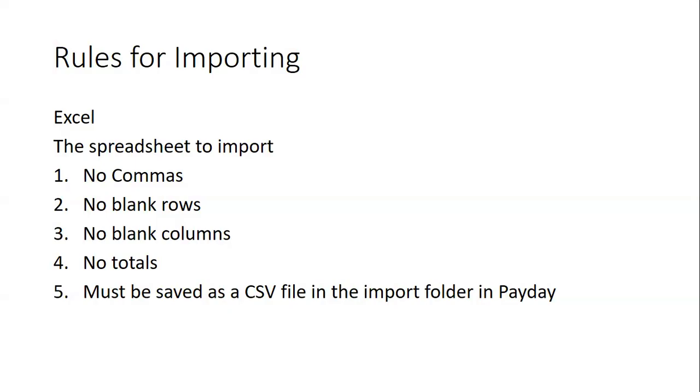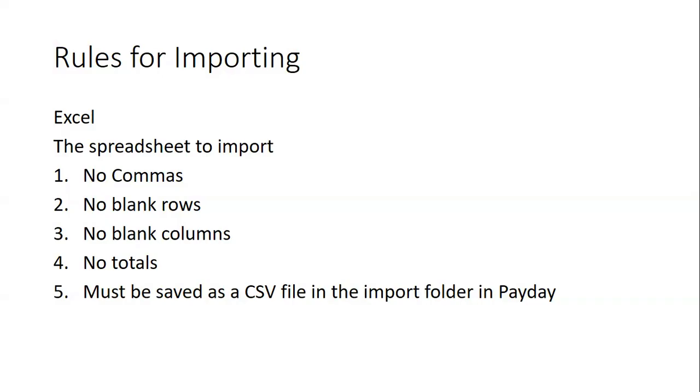So when you're importing into PayDay, you first of all need to check if the spreadsheet has any commas. You can use your find button, go and search for any commas. If they are there, replace them with full stops. Now, no blank rows.